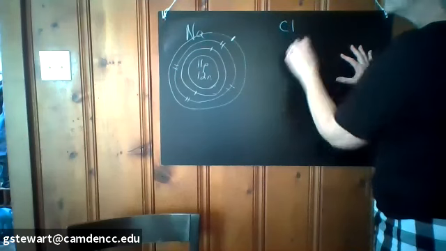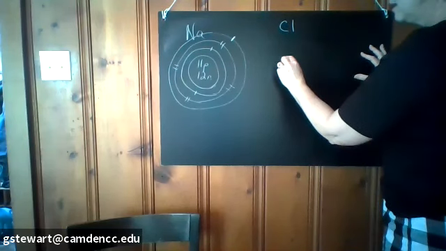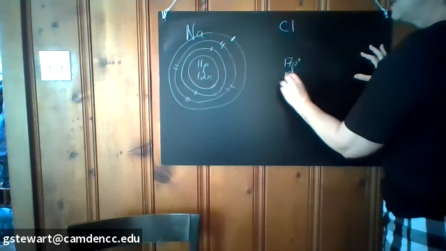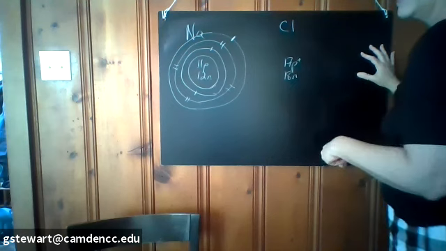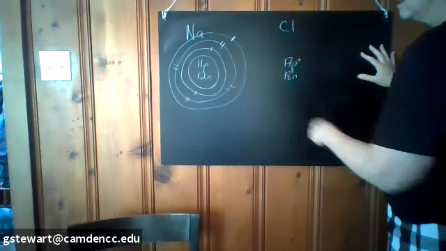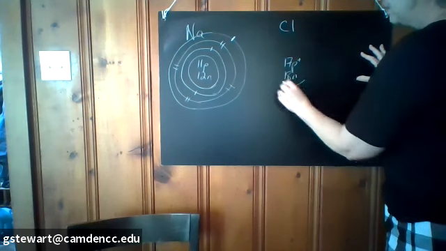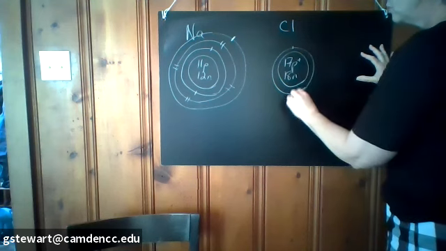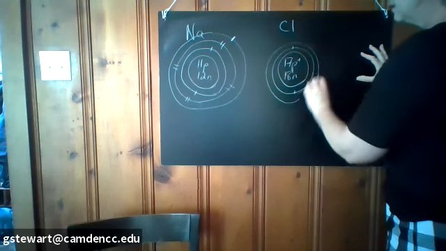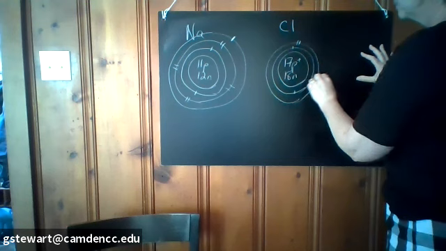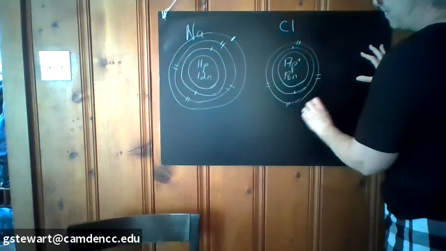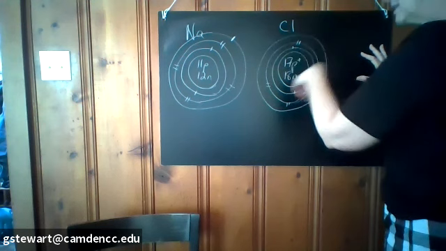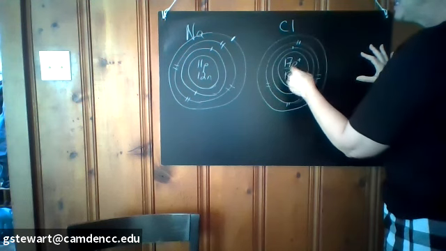Chlorine, by contrast, has, I believe, 17 positive charges and 18 neutrons. So it has an atomic mass of 35. And again, we would put 2 electrons in the first shell, 8 in the second shell, and then in that third shell, there would be 7. 2 plus 8 would be 10, and I have 17 electrons.